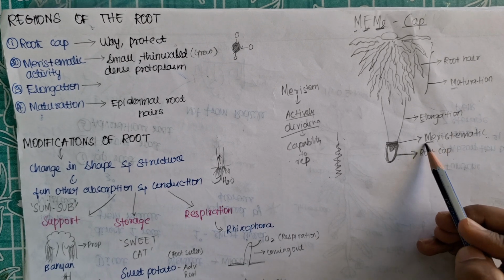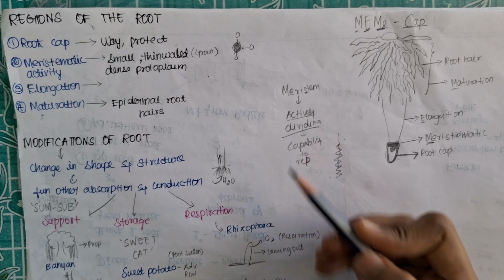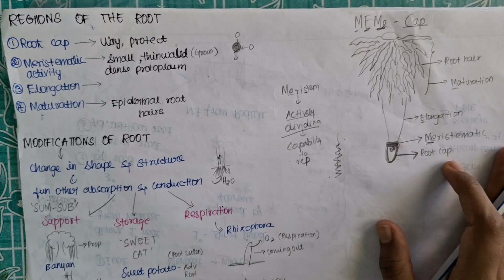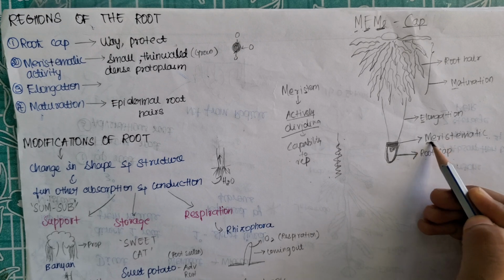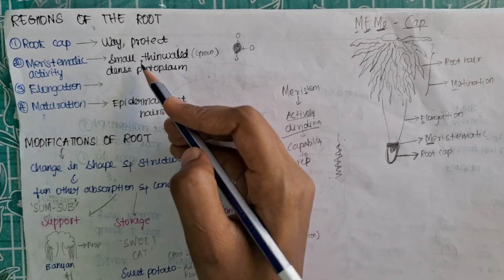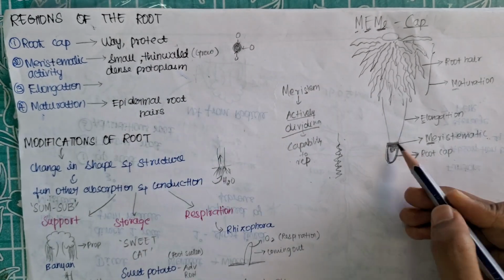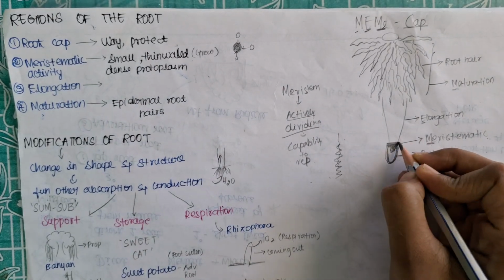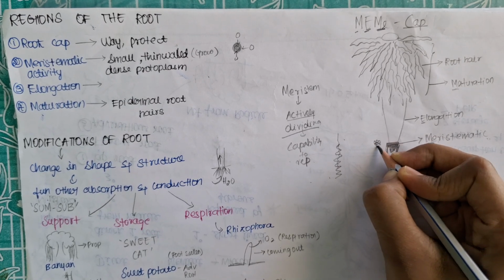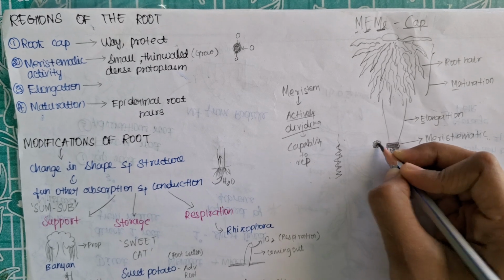So what will happen here? Here you will be able to reproduce or divide the cells. Are we clear? So what is the use of this meristematic region? The meristematic region has small, thin-walled cells with dense protoplasm, and these cells are closely packed together.